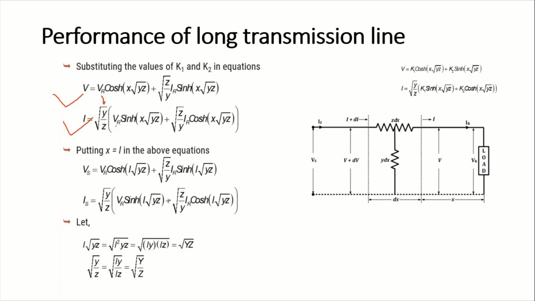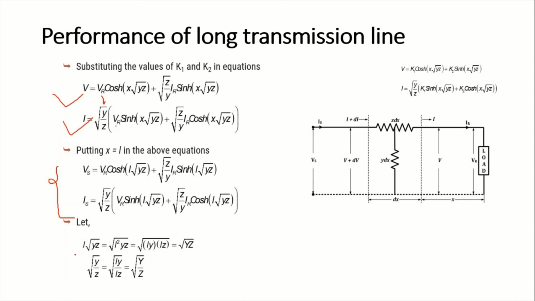If we write L as the length of the transmission line, then put x equal to L in the above equation, and the general equation becomes Vs = VR cosh L under root YZ plus under root Z by Y IR sinh L under root YZ, and Is = under root Y by Z in bracket VR sinh L under root YZ plus IR cosh L under root YZ.